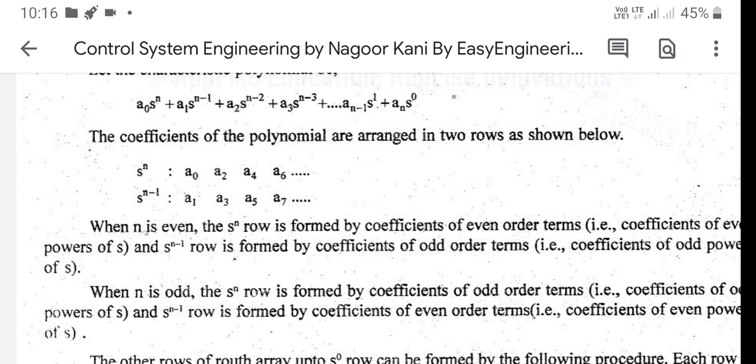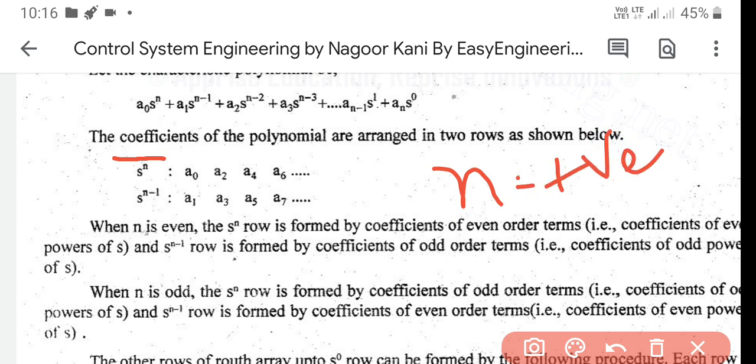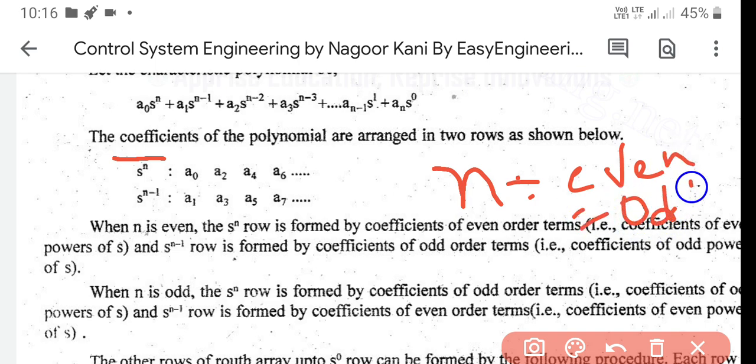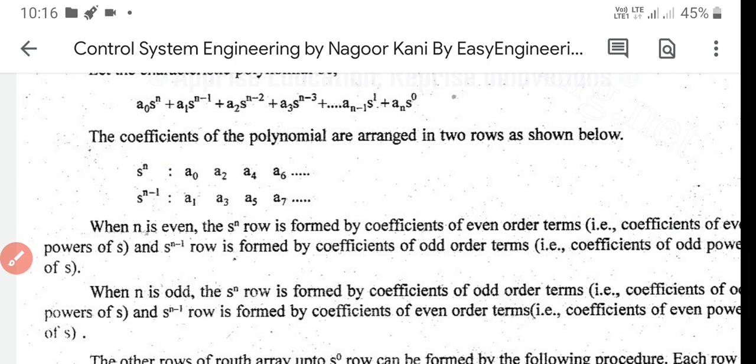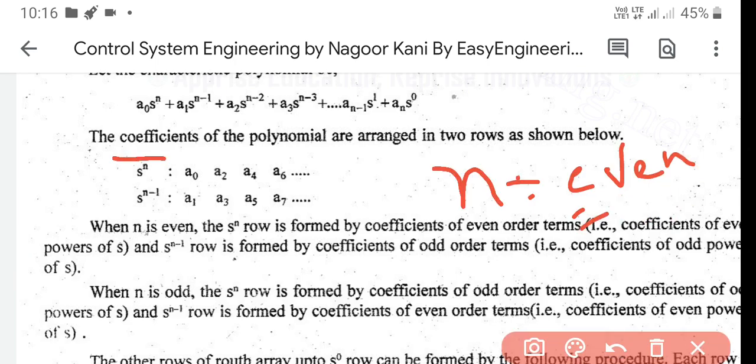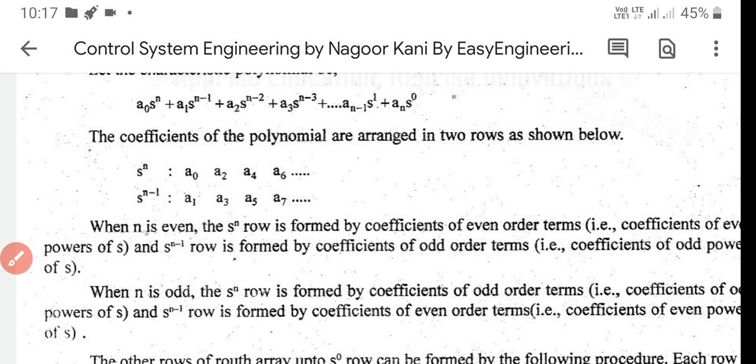Now n may be even, or n may be odd. If n is even, then what happens to n minus 1? It is odd, yes or no?